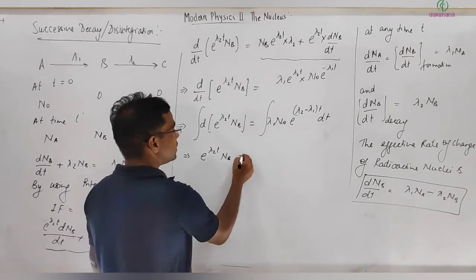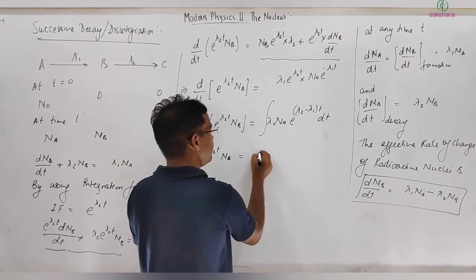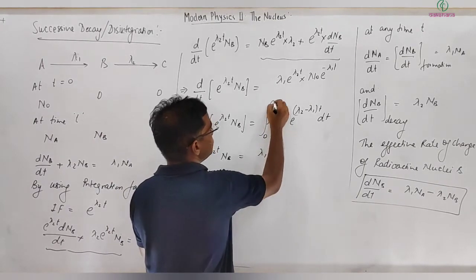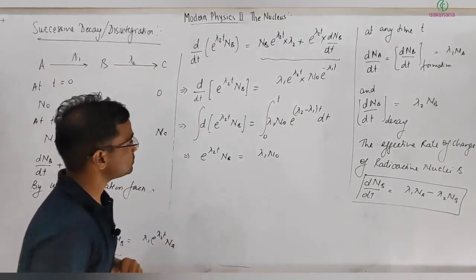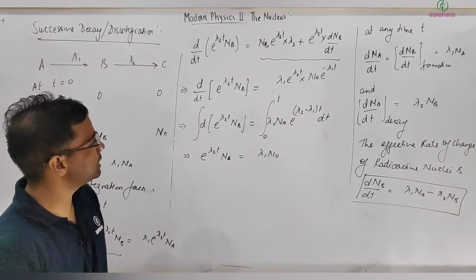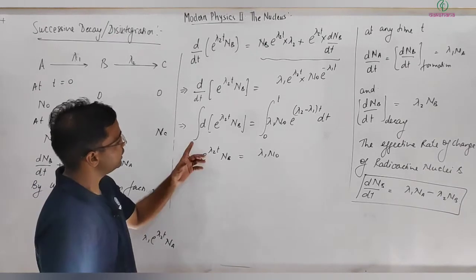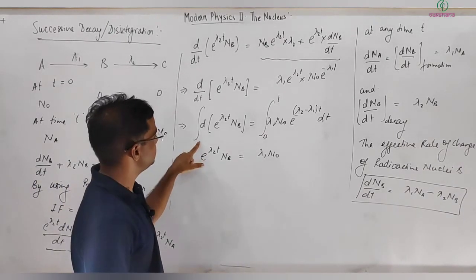Clear? On this side I am getting lambda 1 N naught, and the limits are 0 to t. I need to substitute the limits here also.